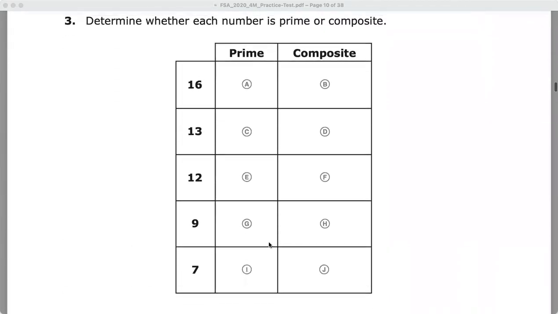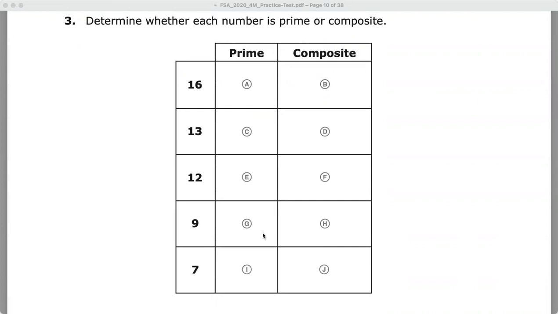Okay, determine whether each number is prime or composite. So prime means that only the number 1 and the number itself go into it. Composite means it's going to have factors.